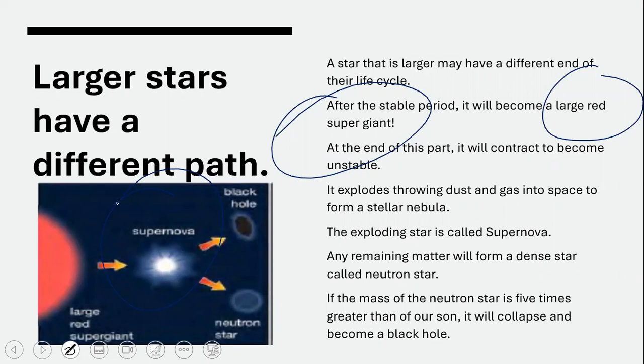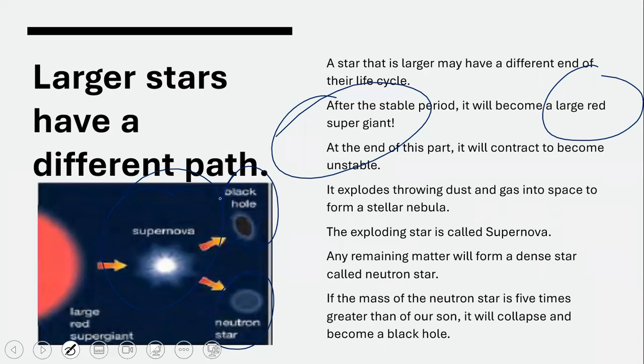A neutron star can form, a black hole can form, and a nebula can form. That nebula will have a lot of hydrogen and it will have other elements inside of it.